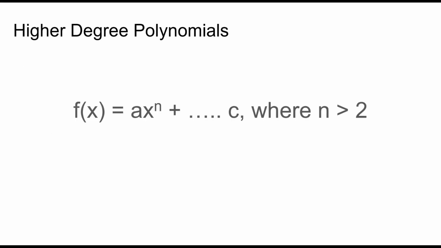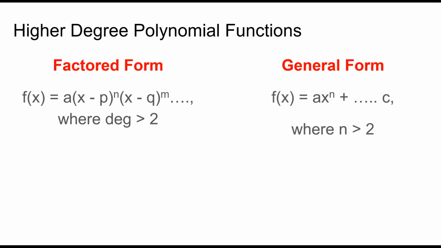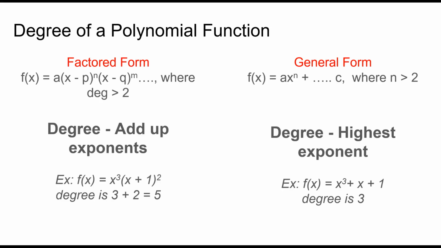Higher degree polynomials are functions that have the form f of x equals, and the degree of the function is greater than 2. There are two general forms of looking at higher degree polynomial functions: factored form and general form. When we're looking at factored form and we want to find the degree of a polynomial function, we add up all of the exponents.